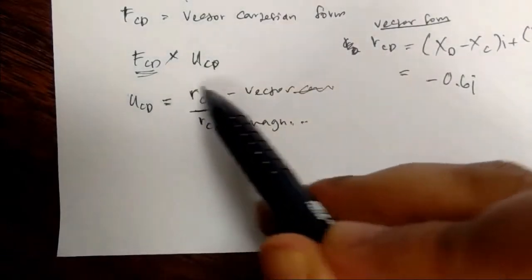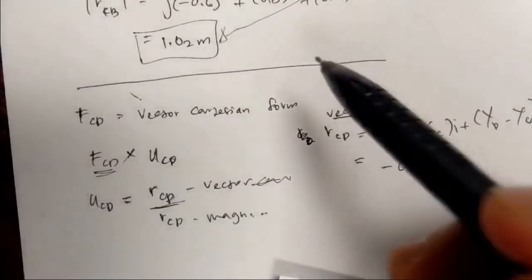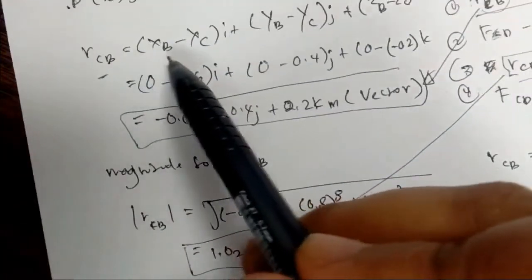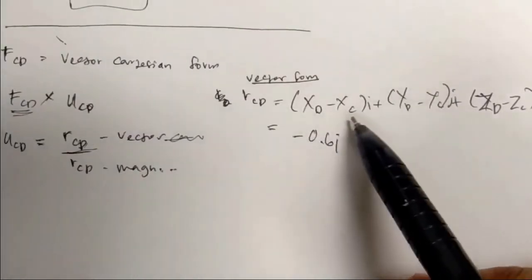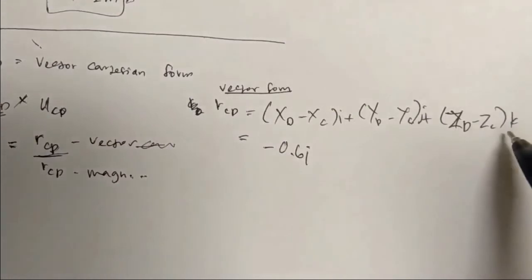So to get the RCD in vector Cartesian form, you need to do the same thing as you did to find the RCB. Okay, so RCD is equal to XD minus XC plus YD minus YC plus ZD minus ZC.